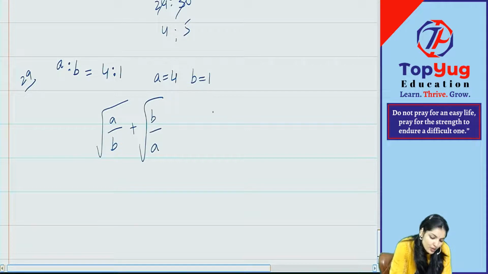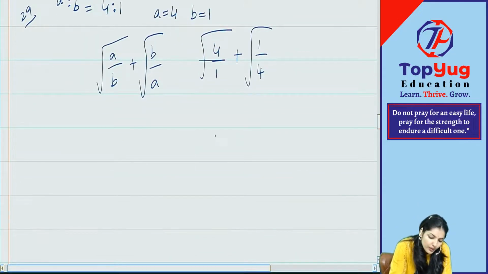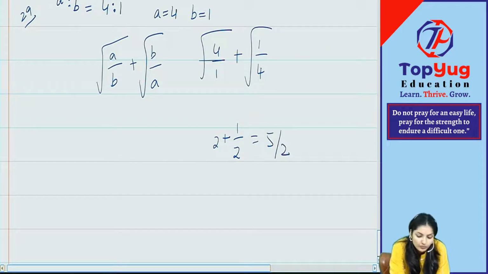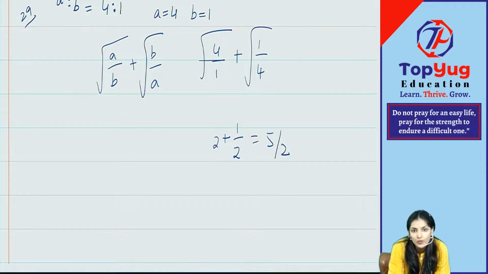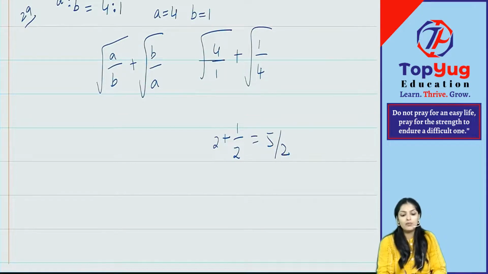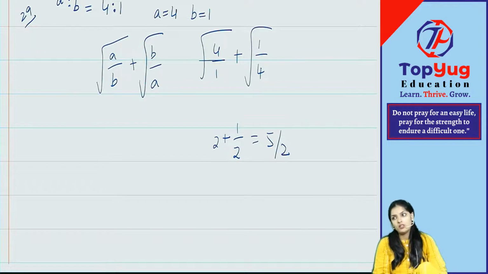You have to just substitute. So the answer here would be 2 plus 1 by 2. So the answer is 5 by 2. Square root of 4 is 2 and then square root of 1 would be 1. Again the same thing goes.